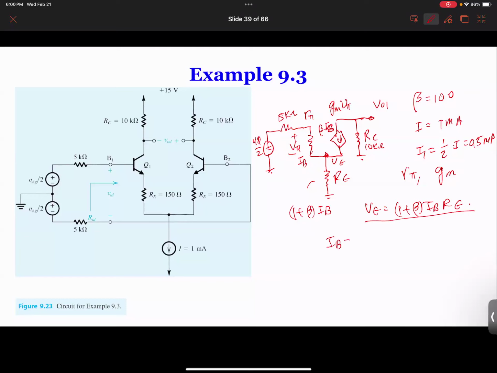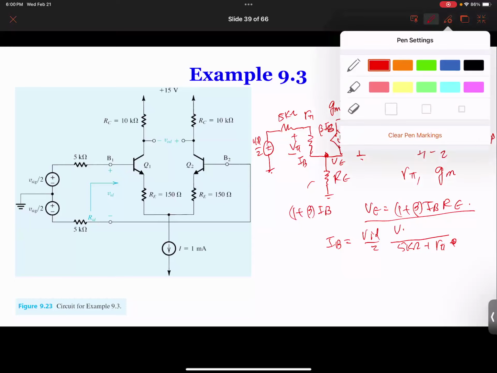So you got VE. Now you can calculate IB equal to 1/2 VID divided by 2, that's the voltage, and divided by 5 kilo ohm input plus R pi, and then plus this. Oh, I'm sorry, I made a mistake here.